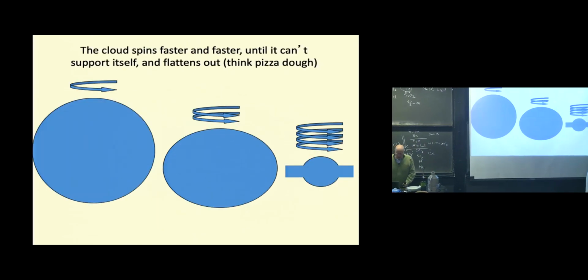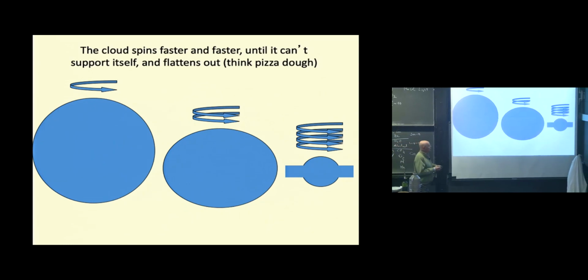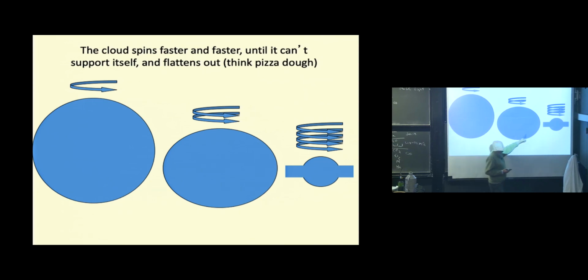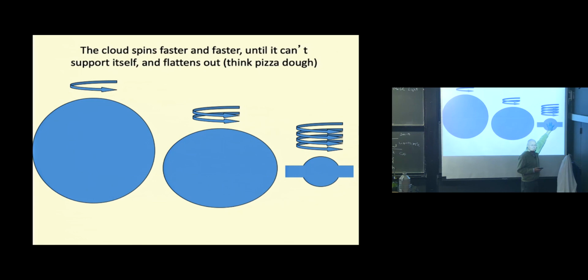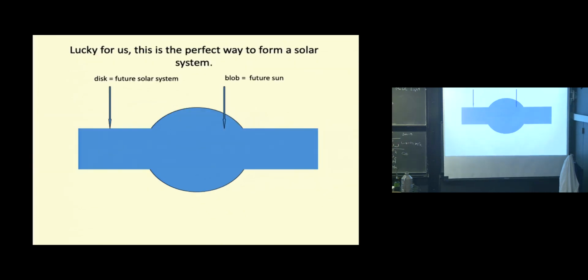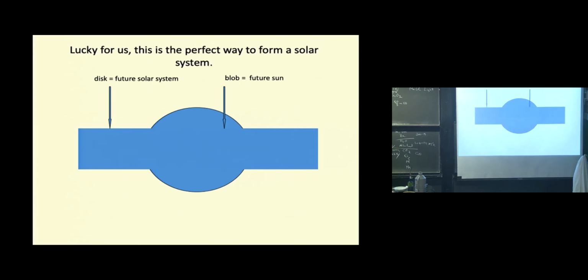And as it spins, material flows towards the center, and also it flattens out into a disk. But because so much material is collecting towards the center of gravity, you get a ball in the center and a flat disk going around the side of it, all rotating in the same direction. So this disk is the future solar system, and the blob in the middle is the future star, the future sun.